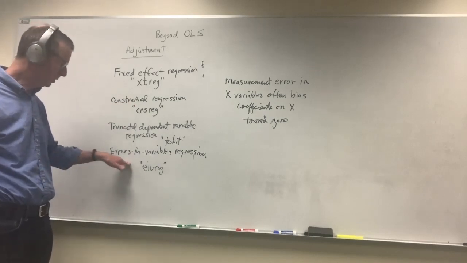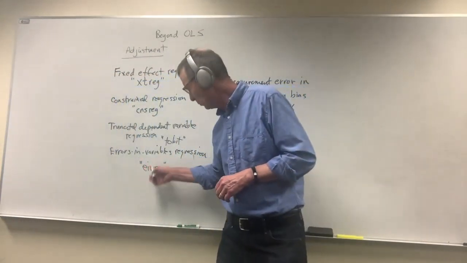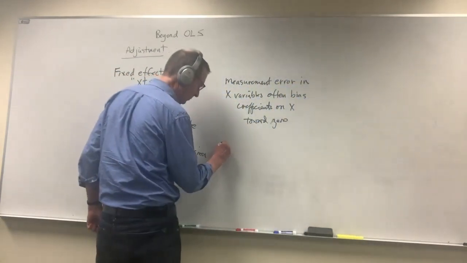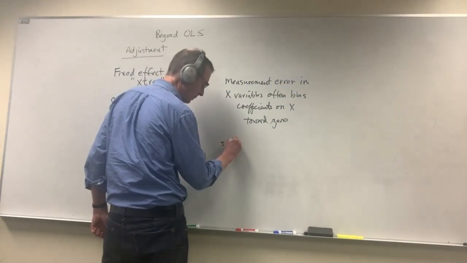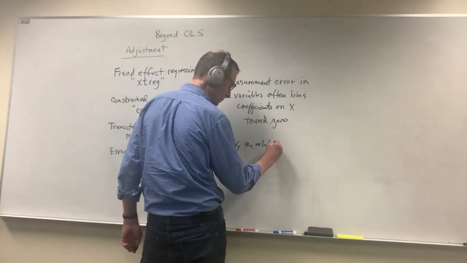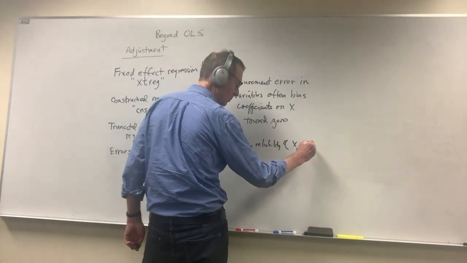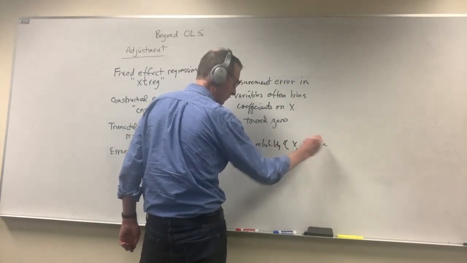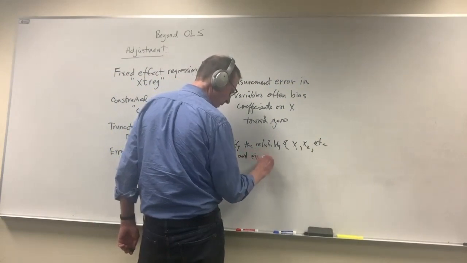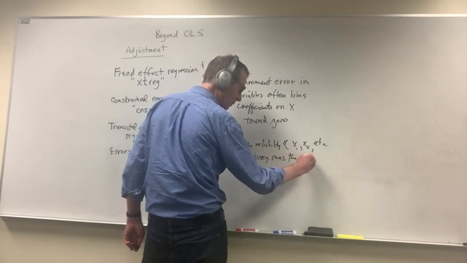And there's this procedure, errors in variables regression, EIV reg, where you specify the reliability of X1, X2, etc. And EIV reg runs the regression taking that into account.